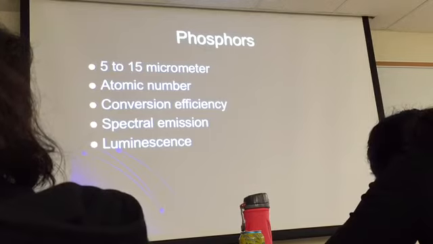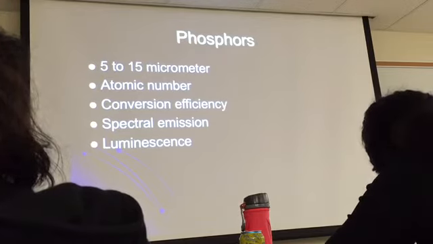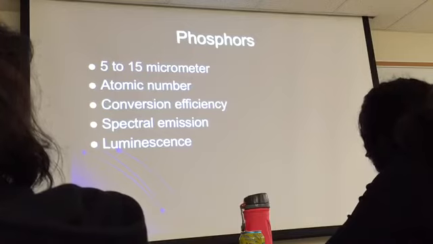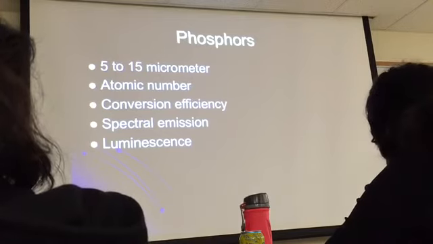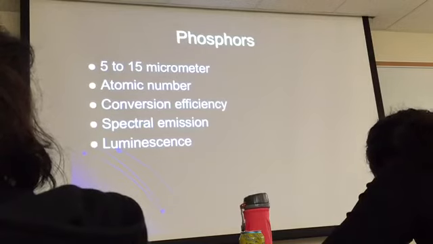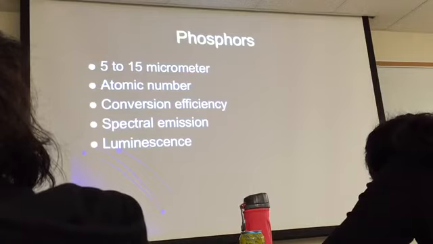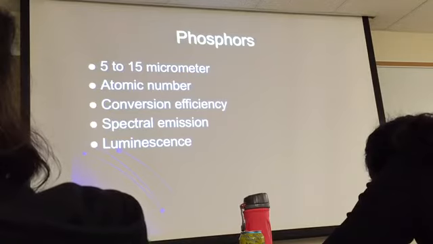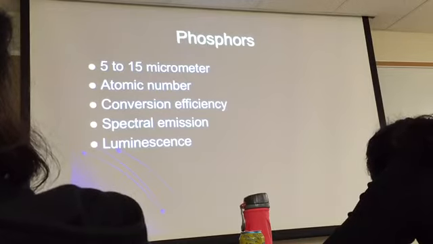I think it's coming up later, but I'll tell you now because I might forget. When we talk about luminance, there are two types. You can have something called fluorescence. Let me write this down. Fluorescence refers to instantaneous light emission.